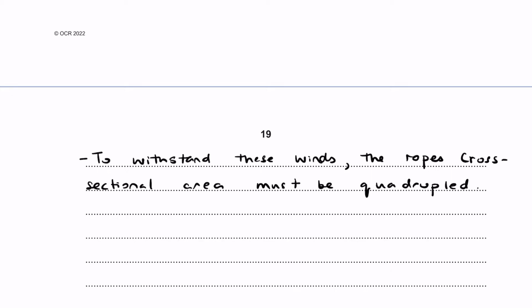Secondly, we can change the material of the rope such that it can handle 4 times as much breaking stress. We can use a stronger, more durable material with high ultimate tensile strength, and that would also help to withstand these winds.